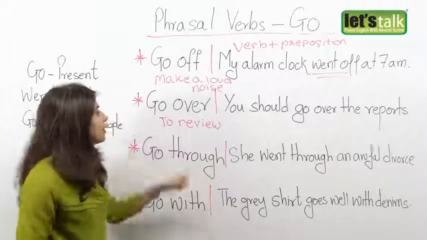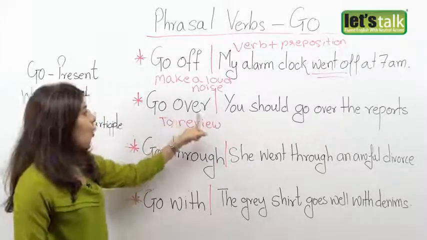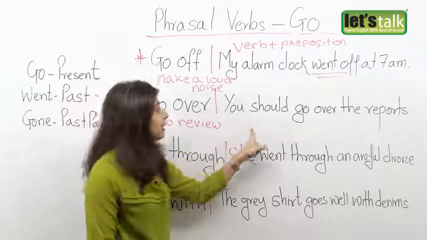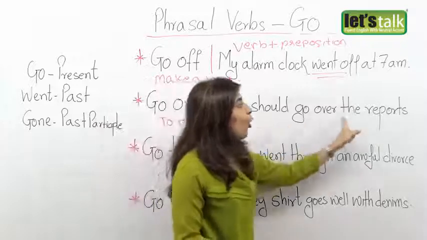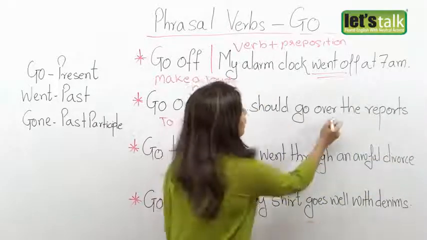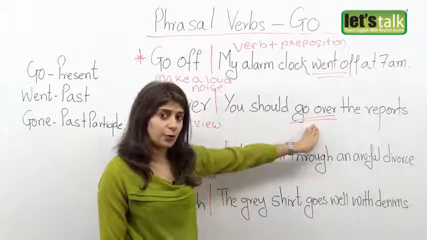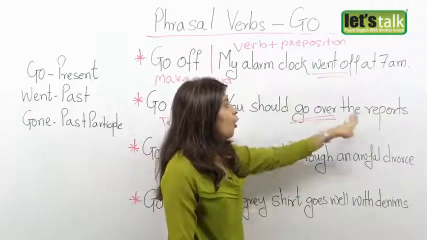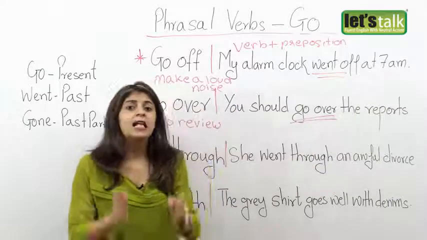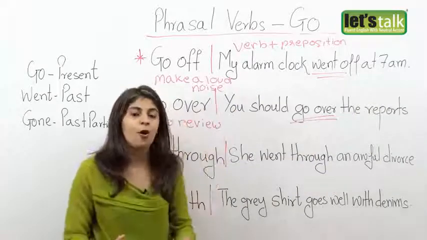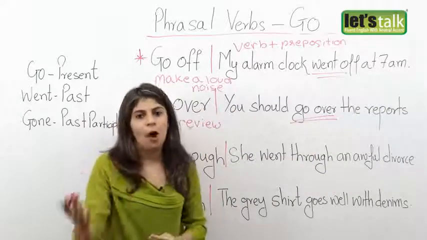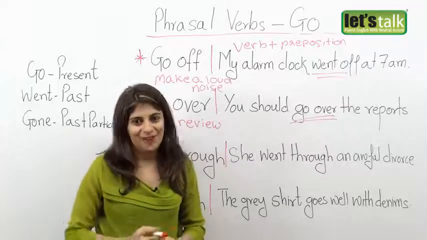So that's why we use this phrasal verb, go over. I have a sentence here: you should go over the reports. This means that you should review the reports before submitting them to your boss or to your colleague, okay?